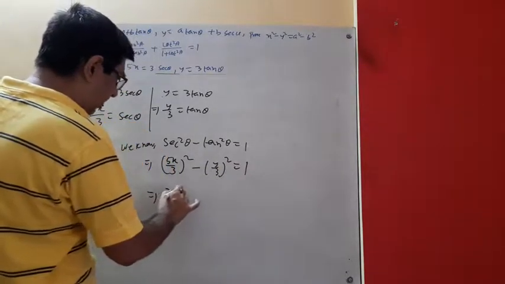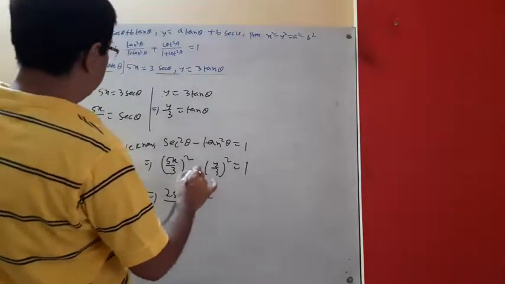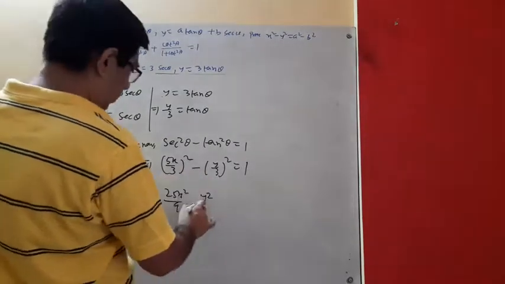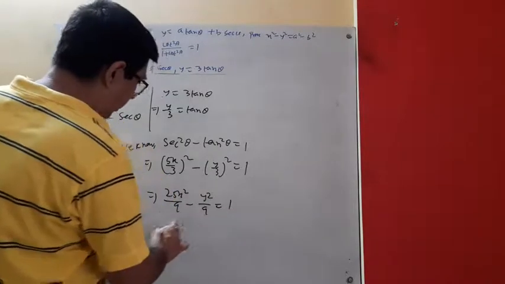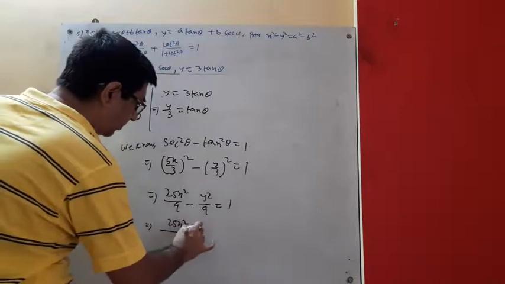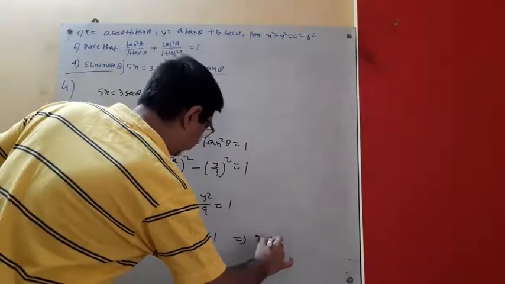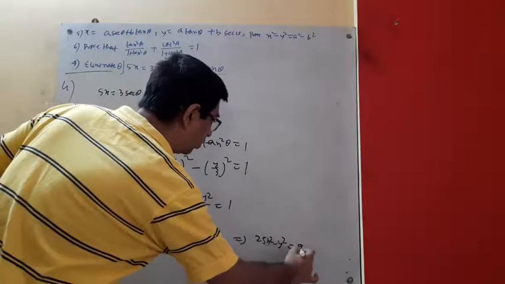That means 25x square by 9 minus y square by 9 equal to 1. Or you can go for LCM, 25x square minus y square equal to 9.